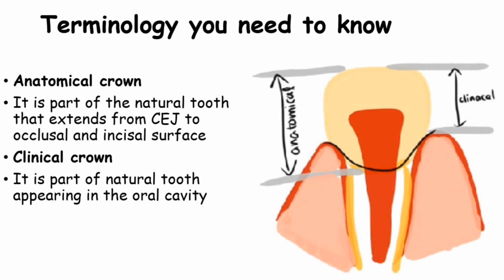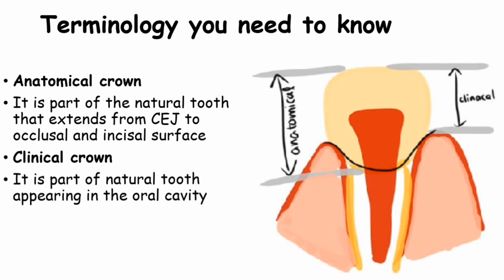We will now talk about terminologies. These are very important terms in prosthodontics and also in dentistry: the anatomical crown and the clinical crown. First, the clinical crown is the part of the natural tooth that is visible in the oral cavity.